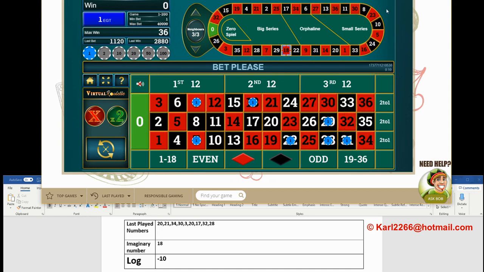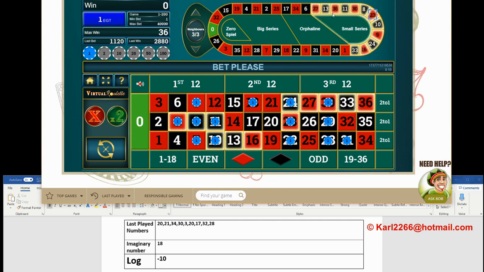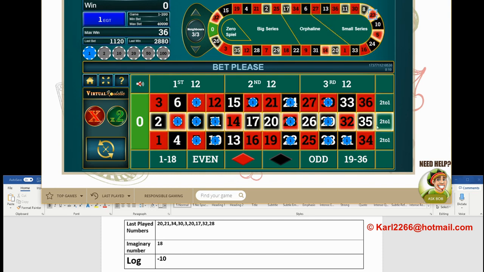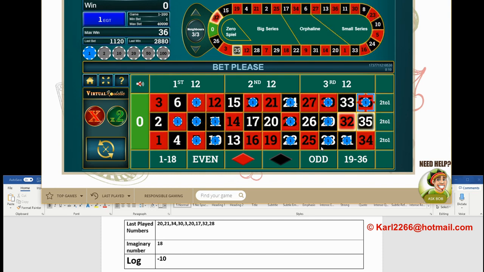So we place bets on 23 and we have to cover also the neighbors near 11, which are 36, 13 and 27. So we got all neighbors from 11, 23 and 18 covered.